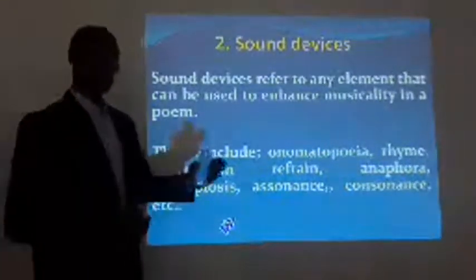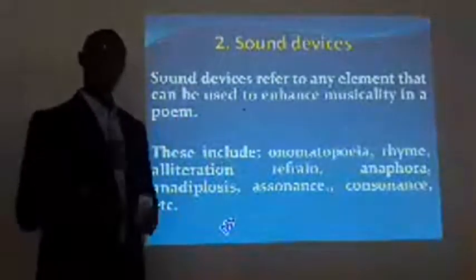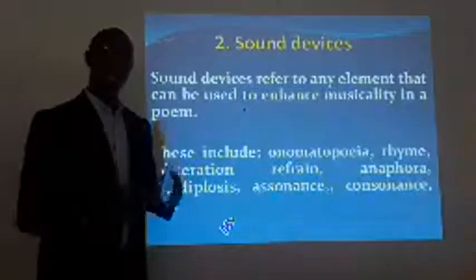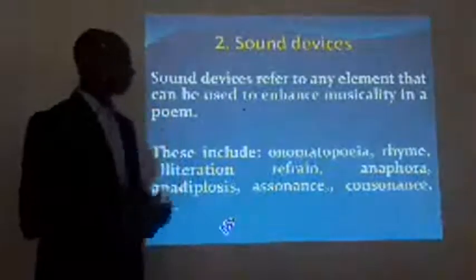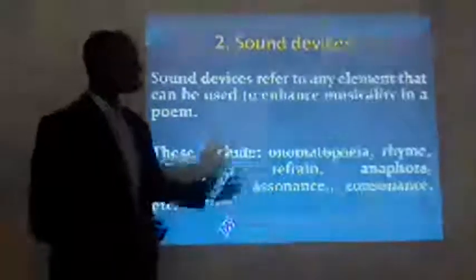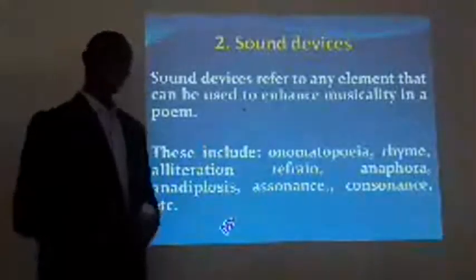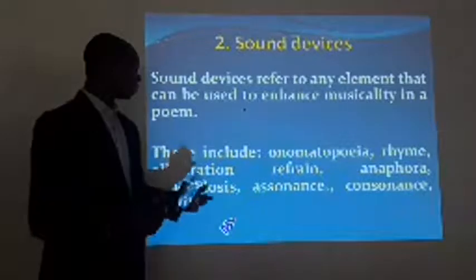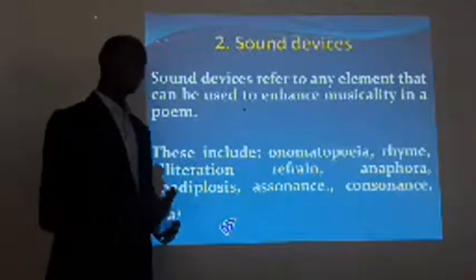For that reason, one of the poetic devices must be a musical element. They help to bring about musicality in a poem. This includes onomatopoeia, rhyme, alliteration, refrain, anaphora, anadiplosis, assonance, consonance, etc.